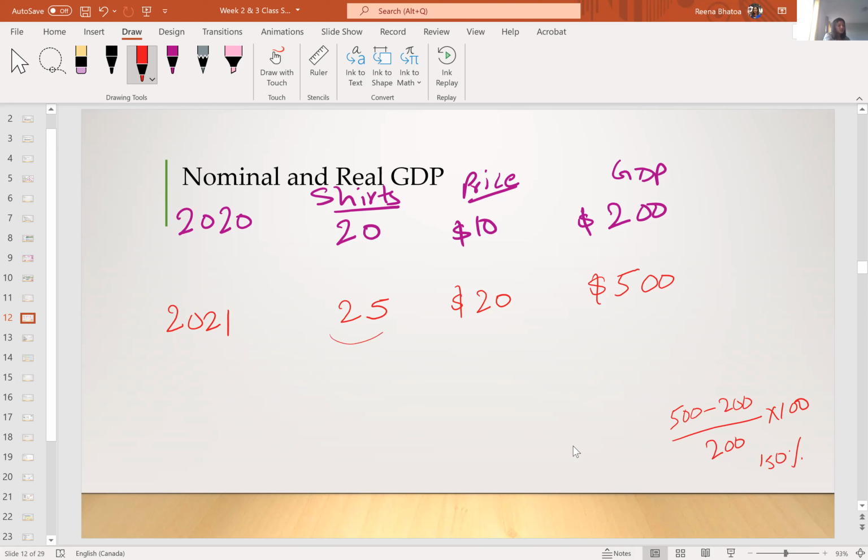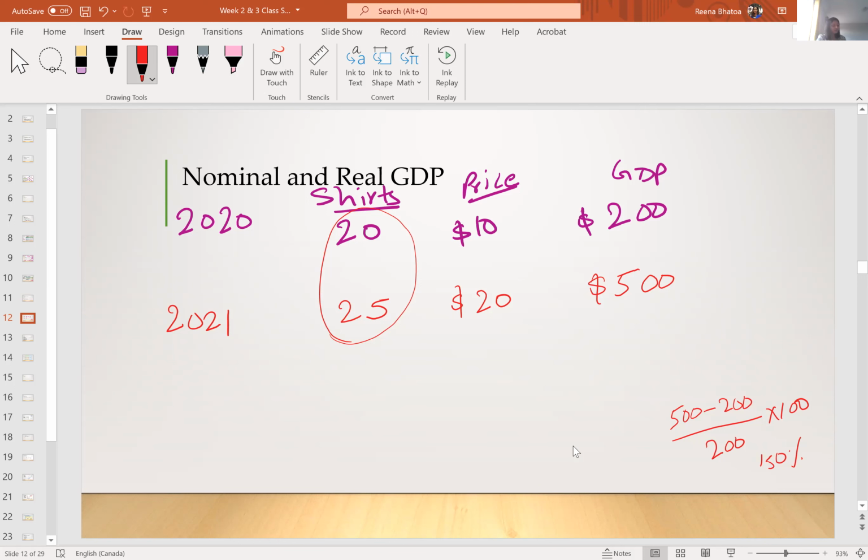And now look at the shirts. Do you really think that much increase in GDP is there? Do you really think there is a 150% increase in production in the economy? They were making only 20 shirts and now they are making 25 shirts, right?